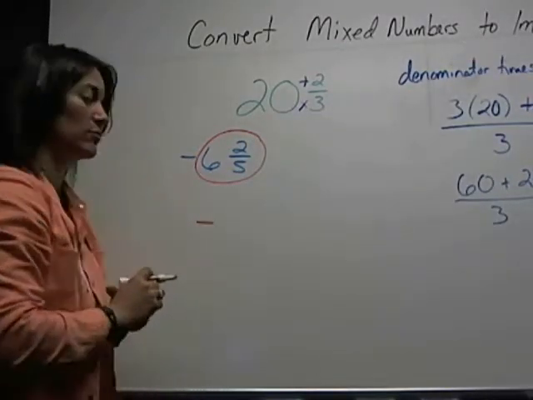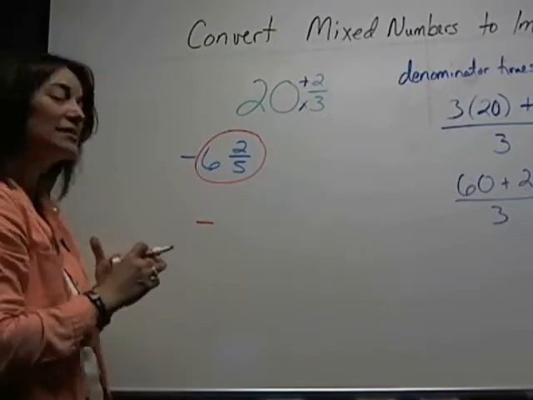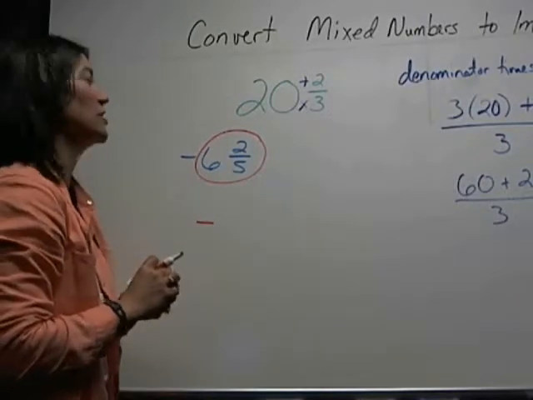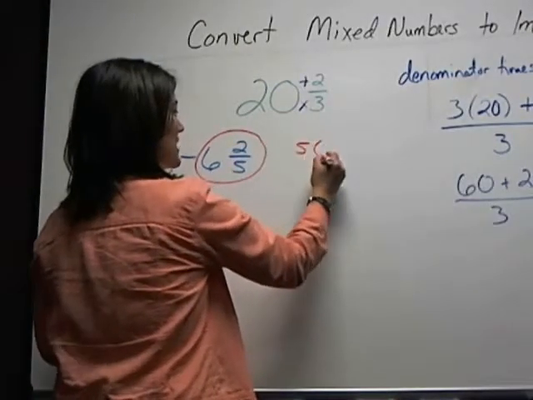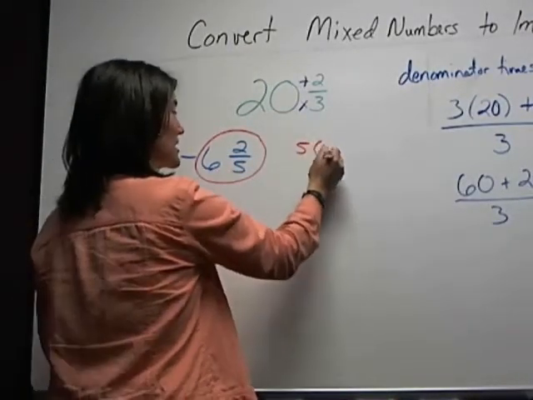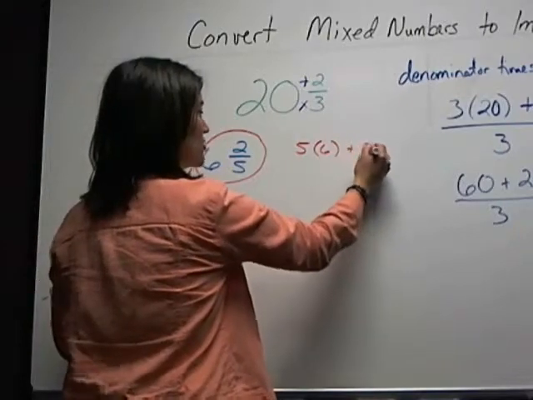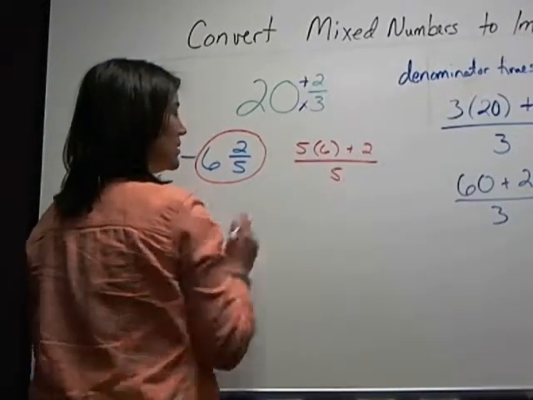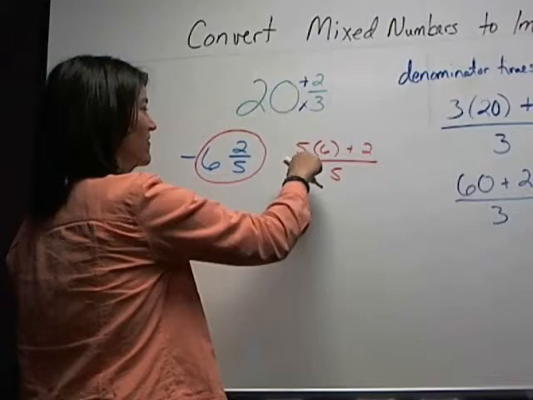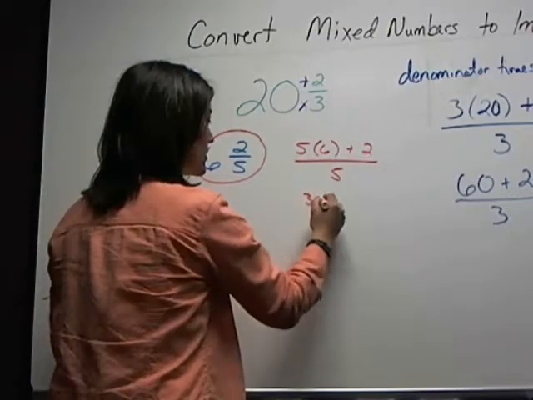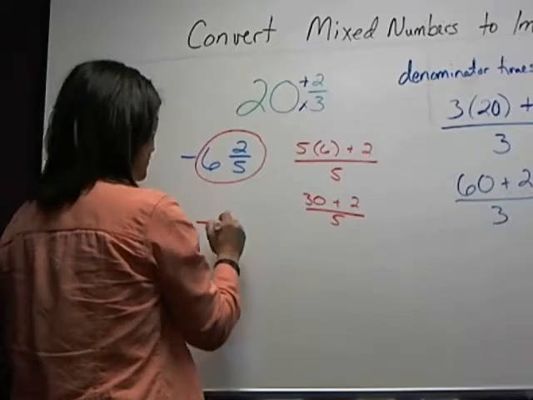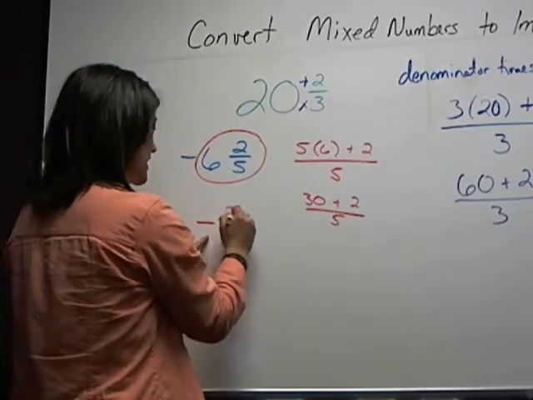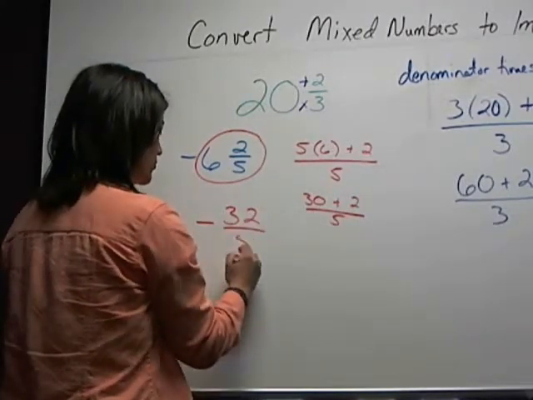So I know my answer is going to be negative, but I do not use that negative in any of the calculations. I'm still going to take my denominator of 5 times my whole number of 6 and then add the 2. Put it all over the denominator. 5 times 6 is 30 plus 2, all over 5, gives me a final result of negative 32/5.